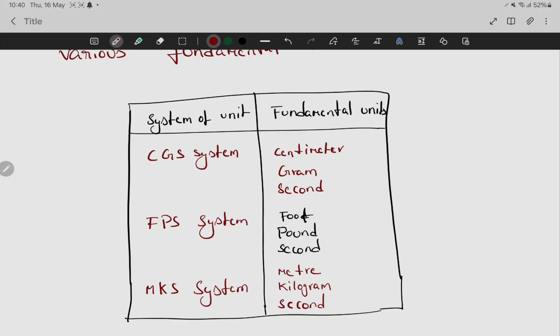So let's write the symbols: cm, g, s; ft, lb, s; m, kg, s. So this is the answer for the three systems of units and the various fundamental units as well.